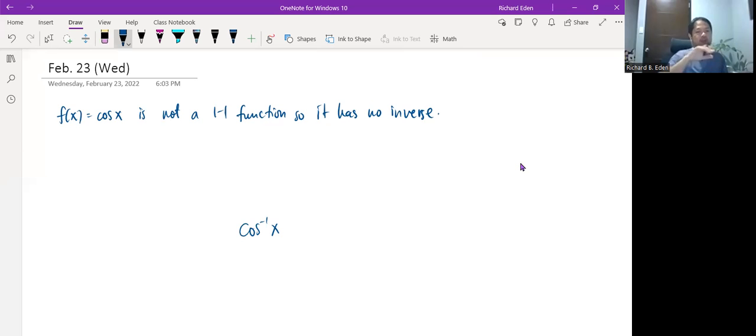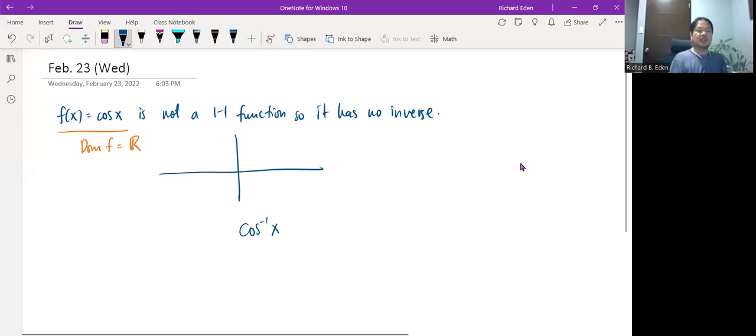Ganito, if you're going to describe a function f as just the cosine function, and you're not going to mention anymore what the domain is, the assumption is that the domain here is the set of all real numbers. All right. So meaning the entire graph would be the usual entire graph of the cosine function. Ito. So ito ng graph. And this is definitely a graph that's going to fail the horizontal line test.